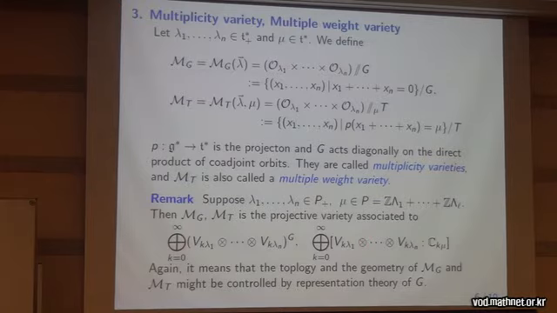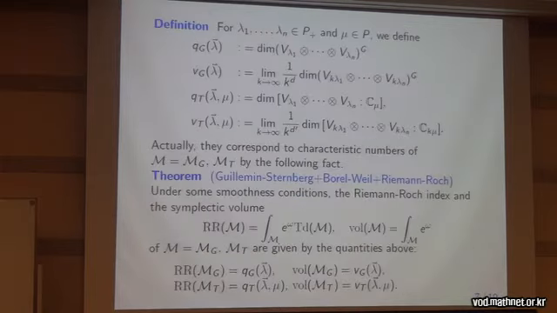Okay. Again, as in the case of coadjoint orbit or flag manifold, this means that the topology and the geometry of Mg or Mt might be controlled by representation theory of G. So it is natural to consider the following quantities. Namely, we define Qg of lambda to be the dimension of the space of invariants in this tensor product.